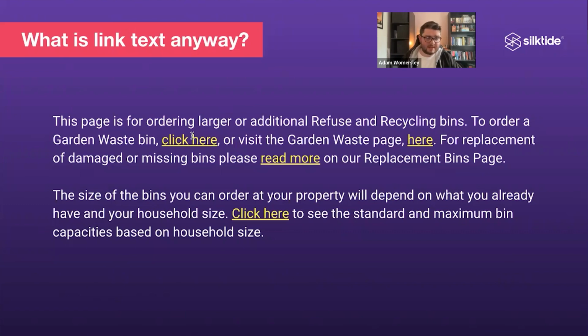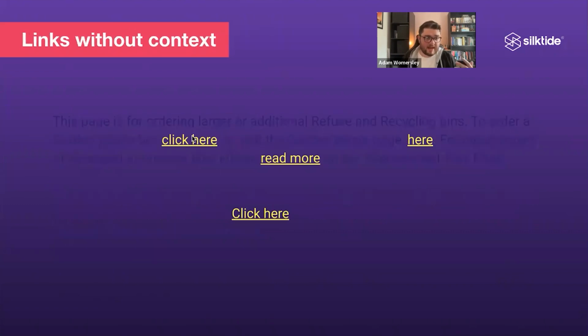The problem is a screen reader is going to read out the content like this. It would read out "click here," "here," "read more," "click here." And so you can instantly see why this causes a problem, because we have no idea where these links lead to, right? They could literally link to anywhere.